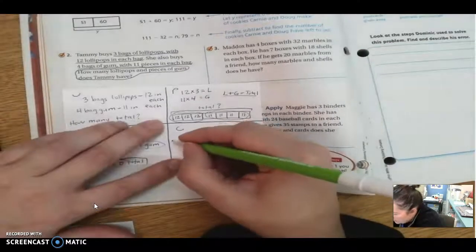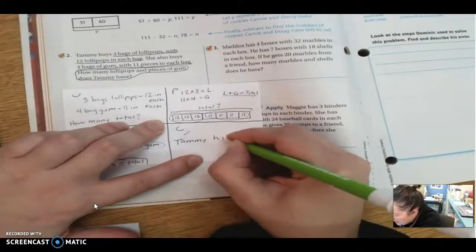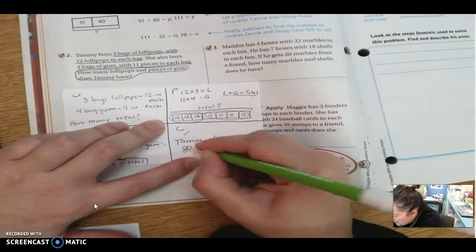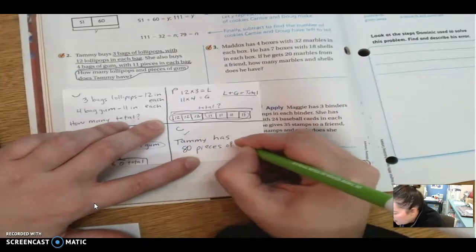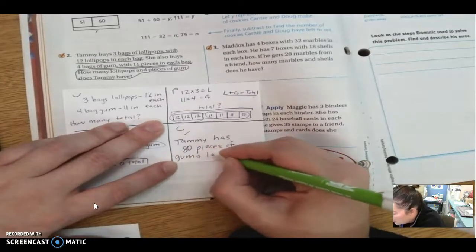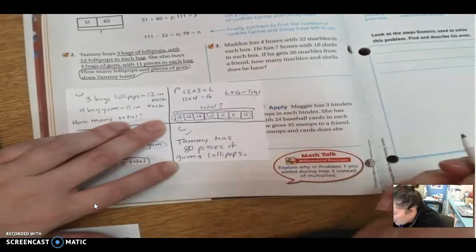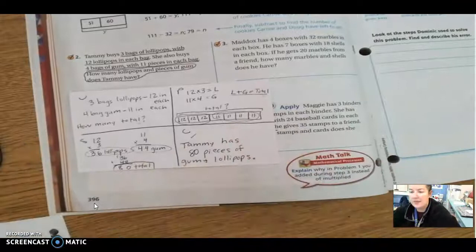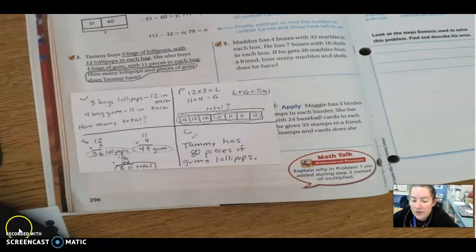So Tammy has 80 pieces of gum and lollipops. And it followed the plan, and I was able to come up with a reasonable answer.